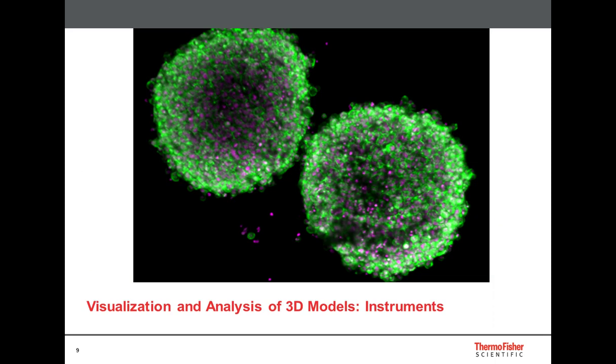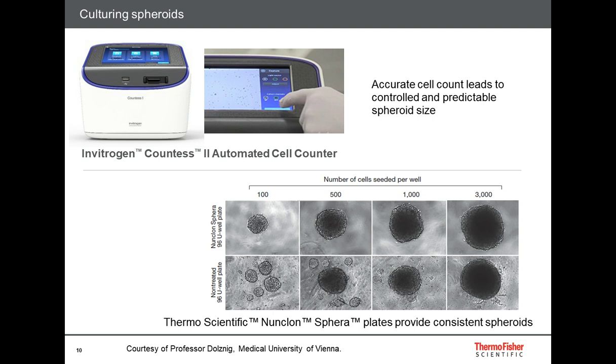And so first we'll look at the instruments that we can use to visualize and analyze these three-dimensional models and how we can use these in optimal experiments to characterize our 3D structures. So first, when it's time to form our three-dimensional spheroid in this case, it's critical that we have control over the number of cells that are being used to grow a particular spheroid.